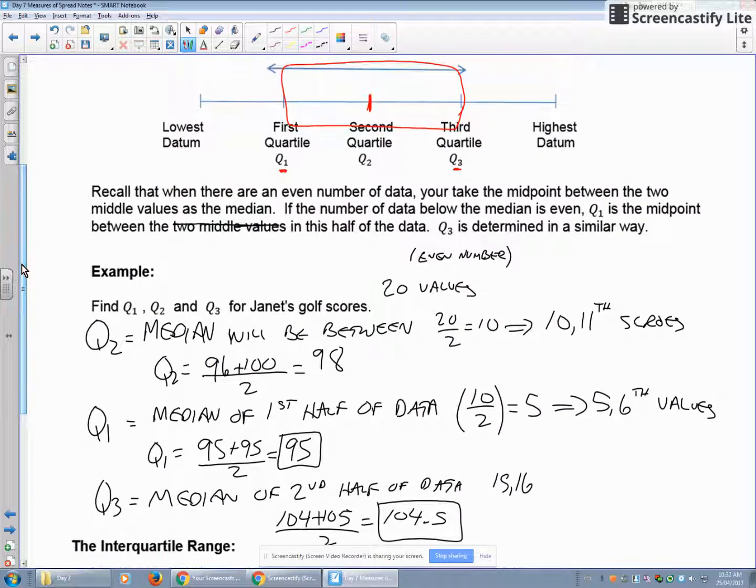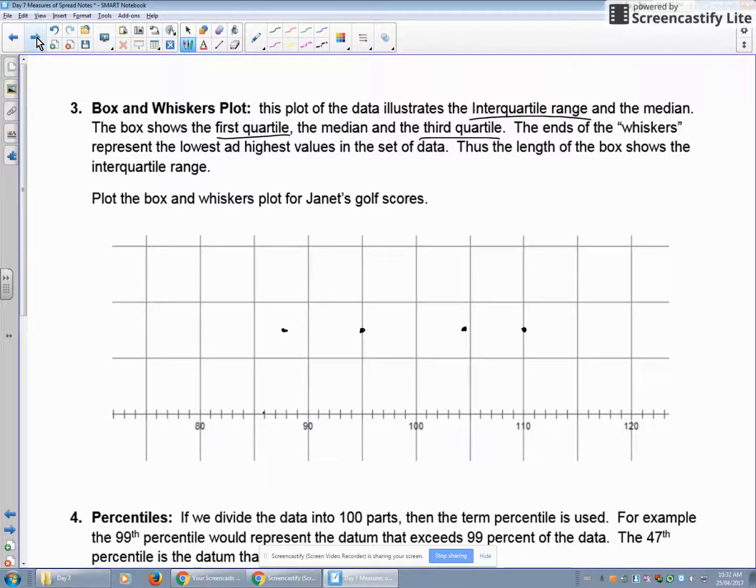Quartile 2 is measured to be 98. This is our 98. Now what we do is we draw the whiskers. The whiskers go from the lowest value to quartile 1, the highest value to quartile 3. We now draw a box around Q1 and Q3, and we draw a line through our Q2.